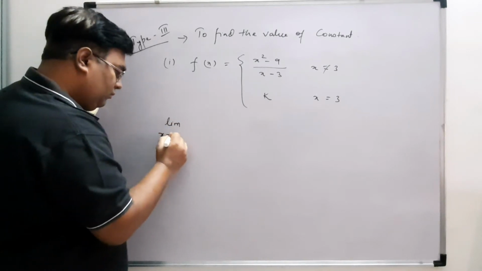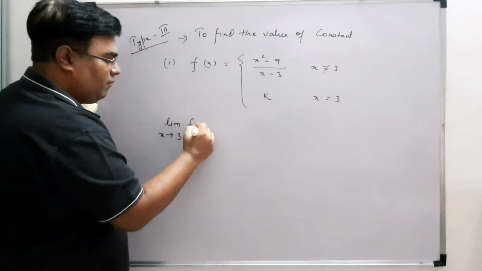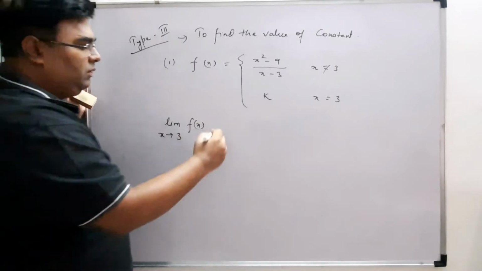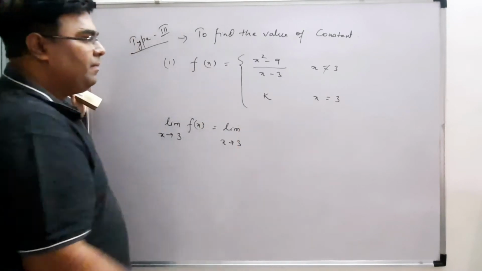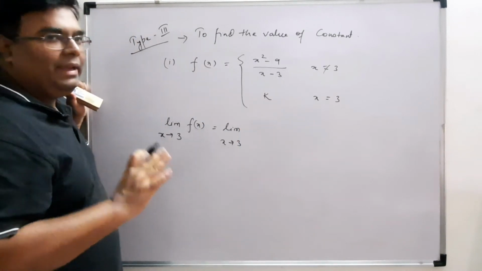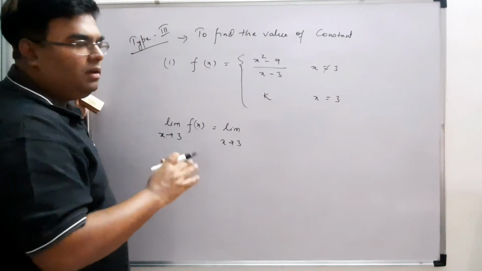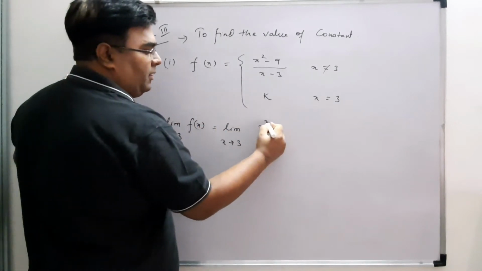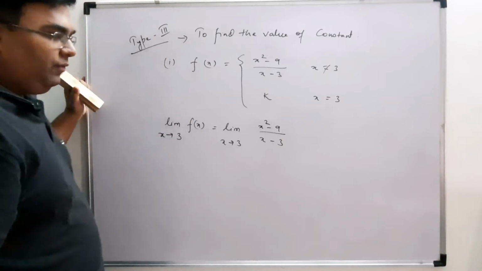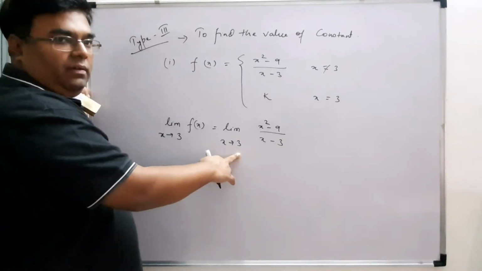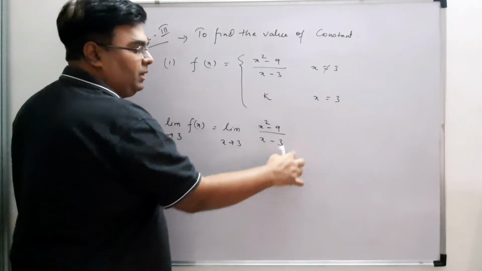For example, here if you need to find the limit, what is this? Limit x tends to 3. Here I am not doing any LHL or RHL, I am just finding the limit here. x square minus 9 upon x minus 3. If you put directly the value of 3, then this function will become discontinuous.